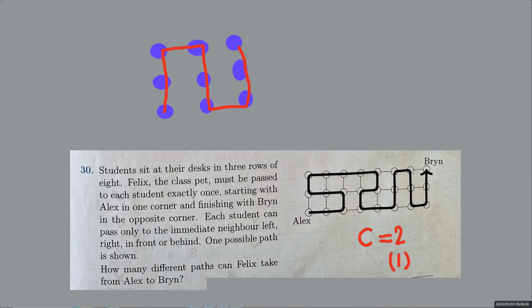So if we have 3 columns, if C is 3, we had 2 ways.